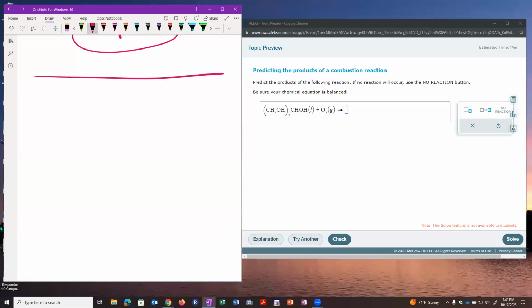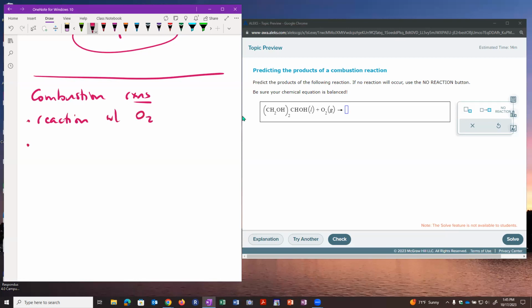All right, so the next one, we're looking at predicting the products of a combustion reaction. Combustion reactions typically mean reaction with oxygen.